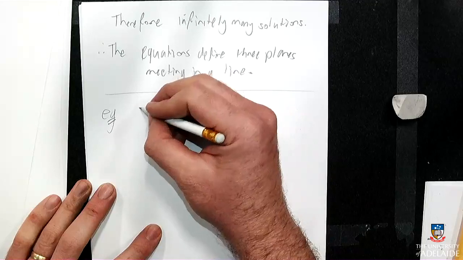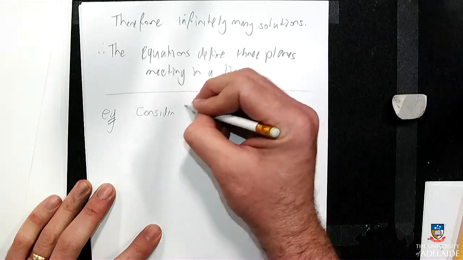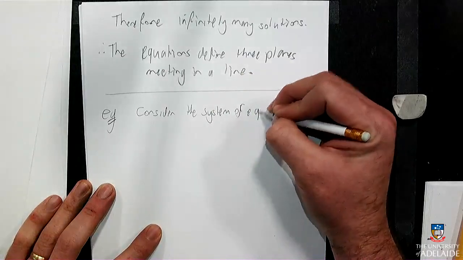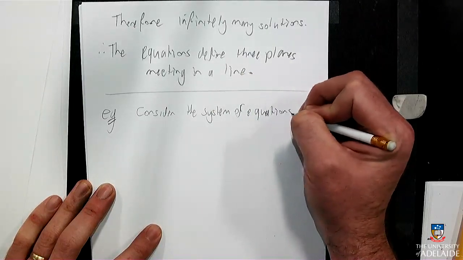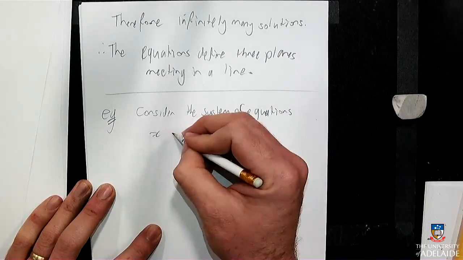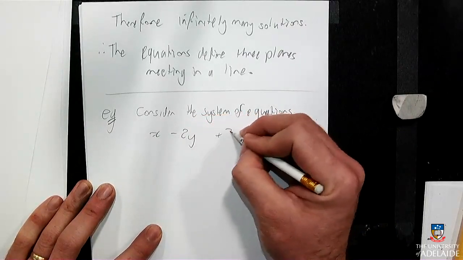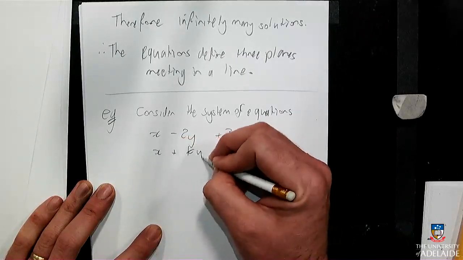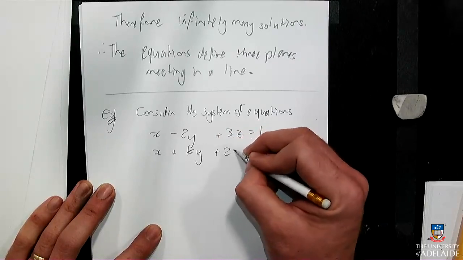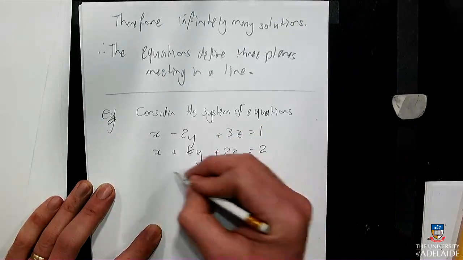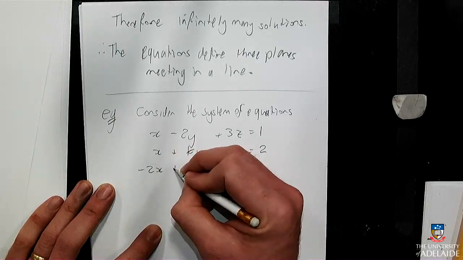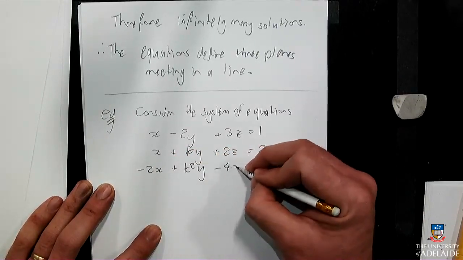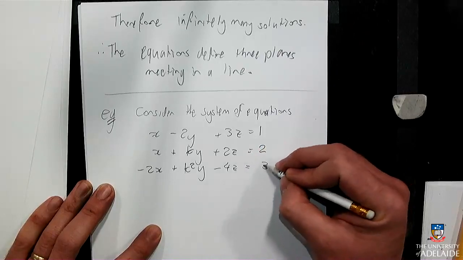So consider the system of equations x minus 2y plus 3z equals 1, x plus ky plus 2z equals 2, and minus 2x plus k squared y minus 4z equals 3k minus 4.